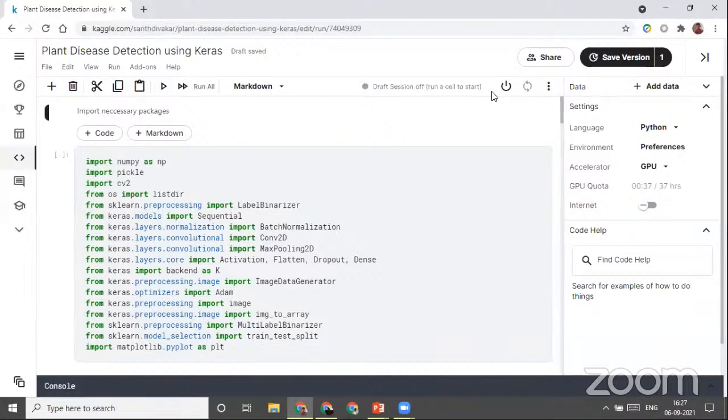Okay, any other questions? You can unmute and ask if you want. I don't think there is any other.